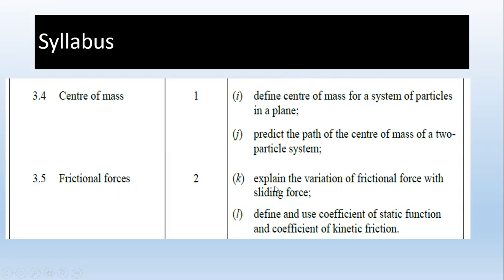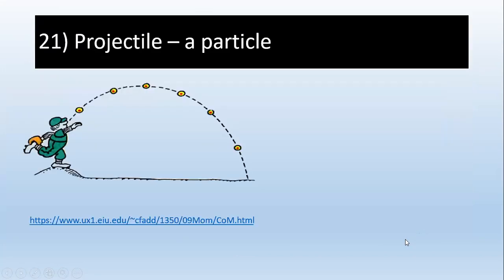Under frictional force, explain the variation of frictional force with sliding force, and define and use the coefficient of static friction and the coefficient of kinetic friction. Okay, let's start with center of mass.